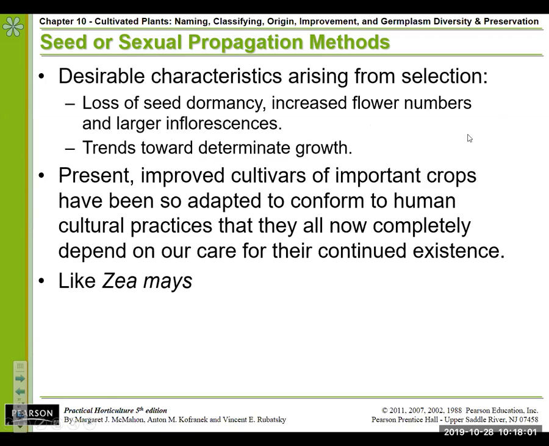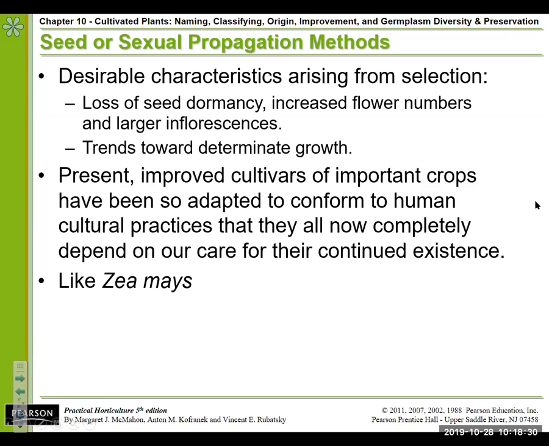A lot of the characteristics for selection tend towards more determinate growth, so more of the things on that plant are ripening around the same time. We also look at the present improved cultivated varieties as being adapted to our cultural practices, so much to the point where they completely depend on our care for their existence.